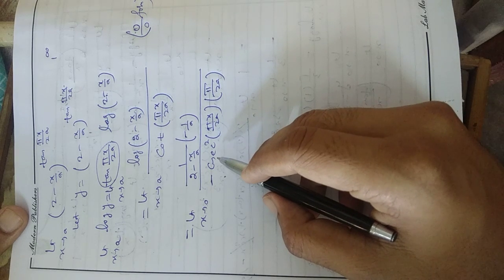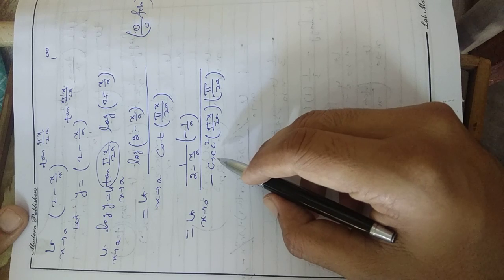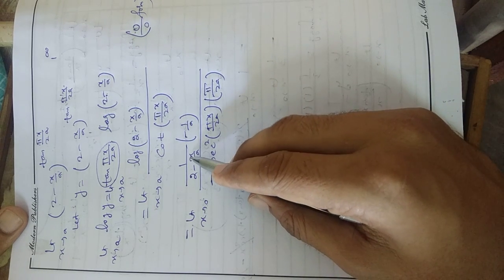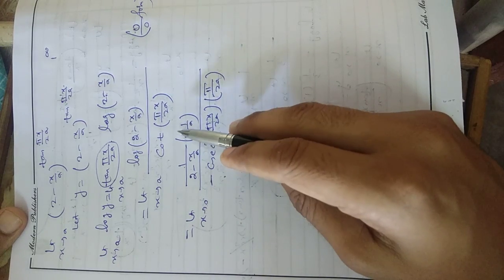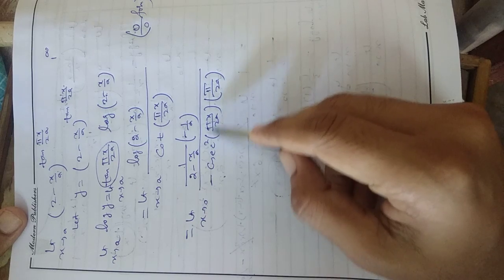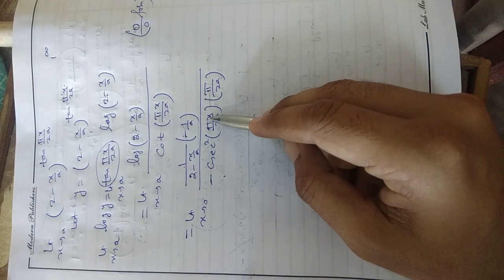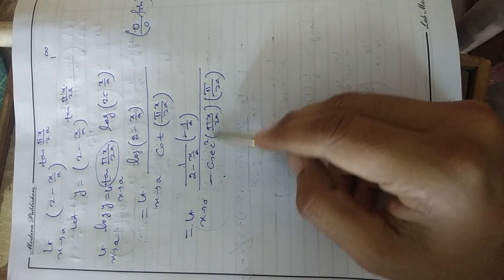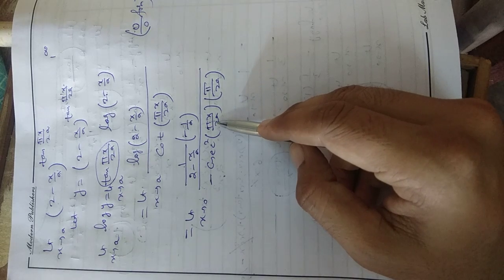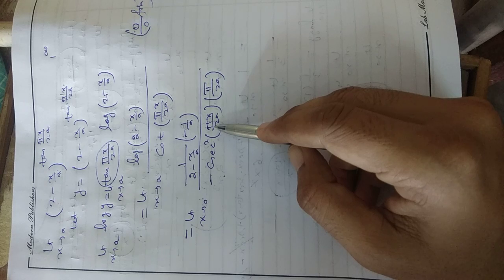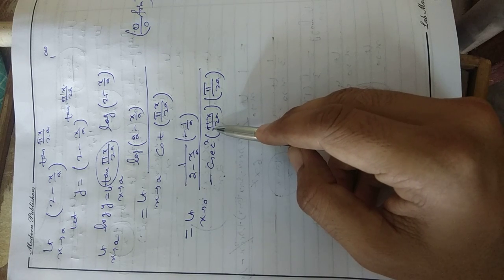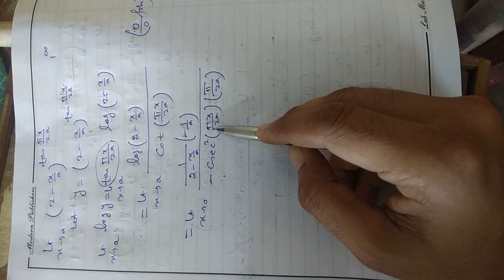Now if x approaches a, this will become 1 over 1 minus 1 over a, and the denominator will become cosecant square pi by 2. Cosecant square pi by 2 is equal to 1.